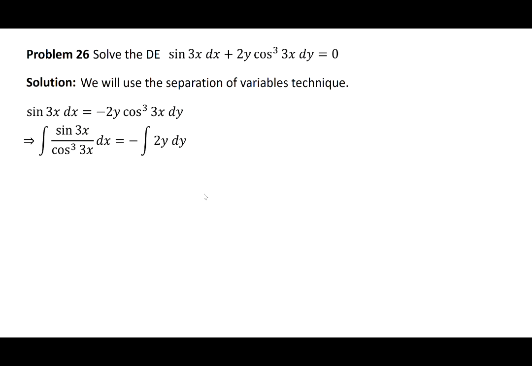So the right side integral is fairly straightforward, and the only problem is the left one. Could I use a substitution rule? How does that work?